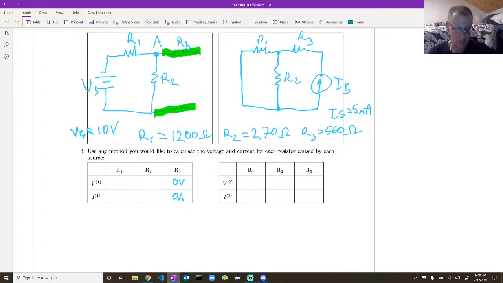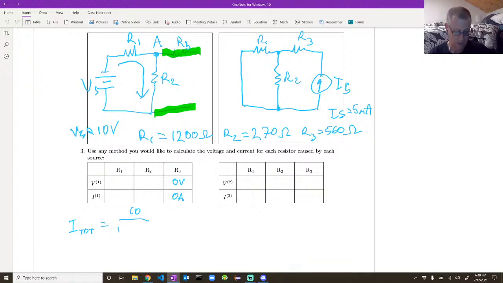So then the question is, what's the total current? Well, one thing you can see is that there should be the same current through R1 as there is through R2. And the current's going to be 10 volts divided by, so let's call it I total, it's going to be 10 volts divided by R1 plus R2, because R1 and R2 are in series in the left-hand circuit.